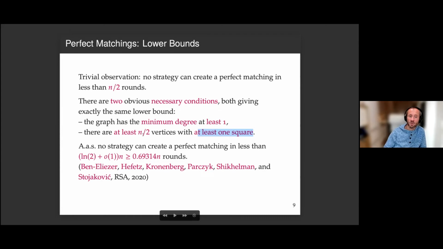So if you want e to the minus c to be half, you better take ln 2 as your c. So that shows why we need that.